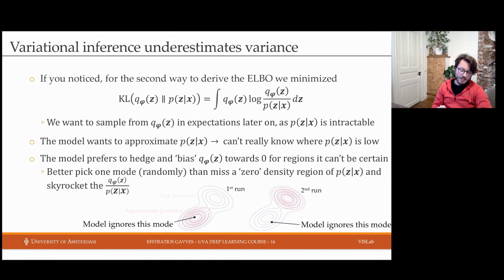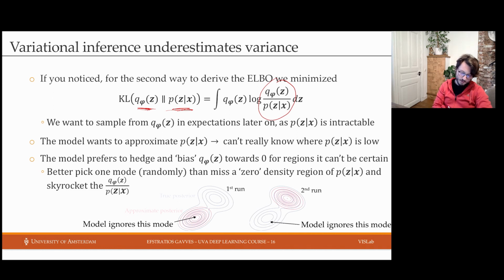Variational inference generally underestimates variance, and the reason is the way we derive the ELBO. In one of the two ways we derived the ELBO earlier, we saw that we want to minimize the distance of the importance sampling function that I'm learning as a density function from the true posterior. And by doing so, we see that we have this ratio, right?